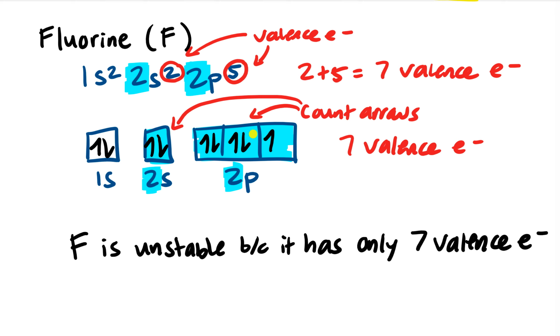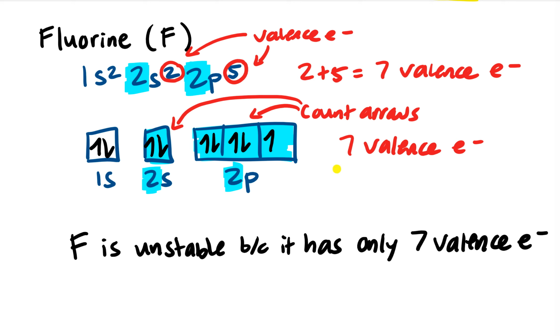Looking at the orbital notation, the second energy level is almost full. It almost has 8 valence electrons. The s is full, but the p is not quite full. Look what it's missing. It's missing 1 electron in this last orbital of 2p.